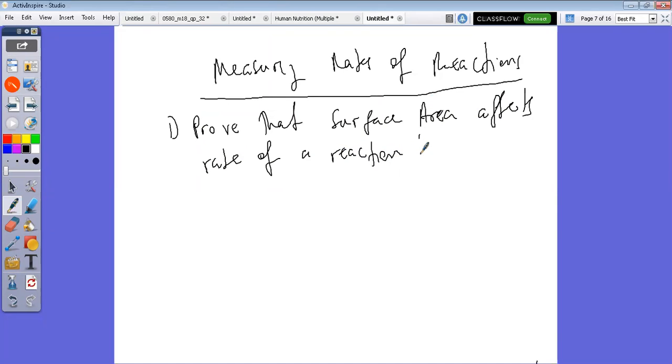We want to prove in a lab that surface area affects my rate of reaction. So what I'm going to use, I have to use equal volume, number one, in fact, equal concentration. Let's not talk about equal volume. Equal concentration, but that's not what I'm investigating.